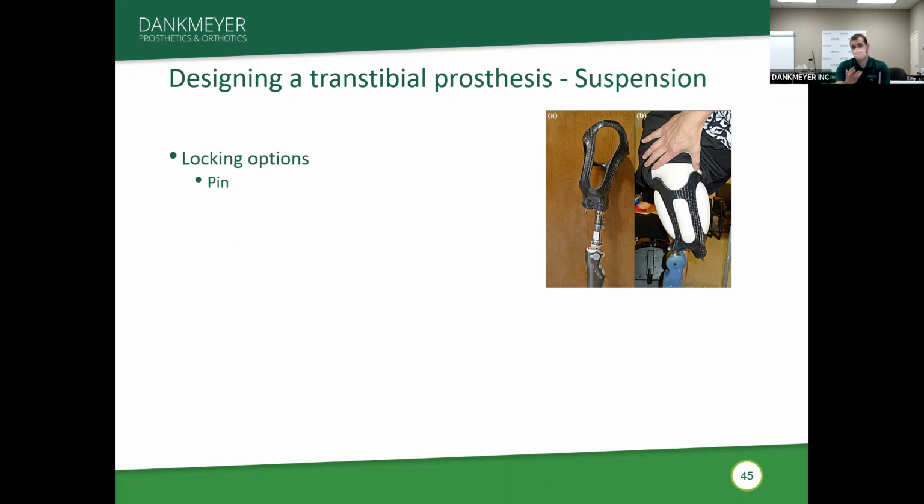And as you can see in this picture, this patient has a flexion contracture, but if you don't have a flexion contracture, then a pin really doesn't work because it elongates the limb. It adds quite a bit of bulk to the end of the residual limb, which a lot of times can interfere with placement of the knee center. So you might see pin locking mechanisms for transfemoral, but not very often, and they can be really tough.